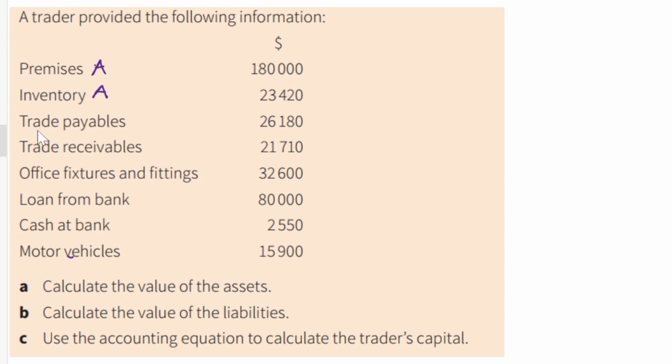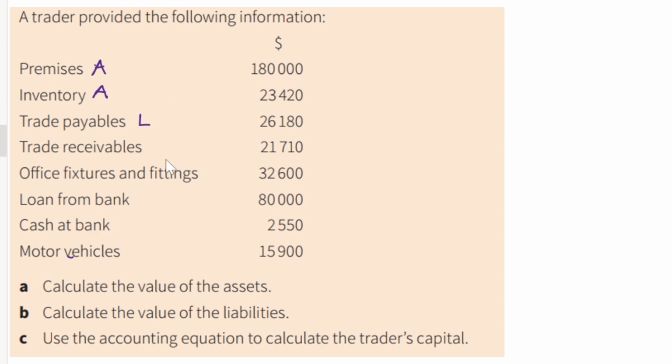If you buy items with the intention of reselling them, but you buy these items from your suppliers on credit, these are what we call trade payables. And so trade payables is a liability. It's other people's money working in your business and you're supposed to pay back. You're liable to pay back. So this is a liability.